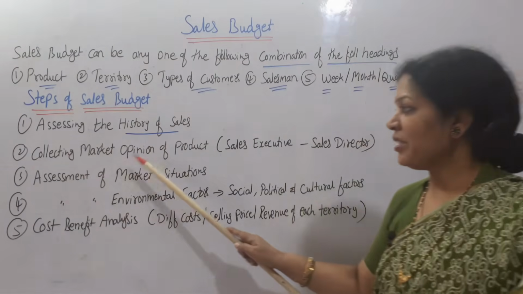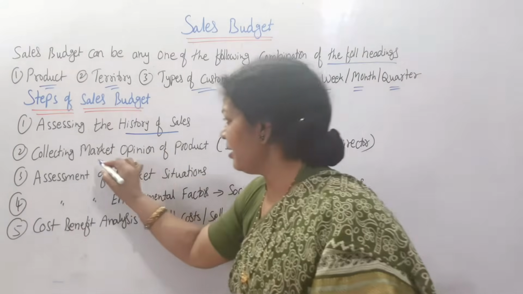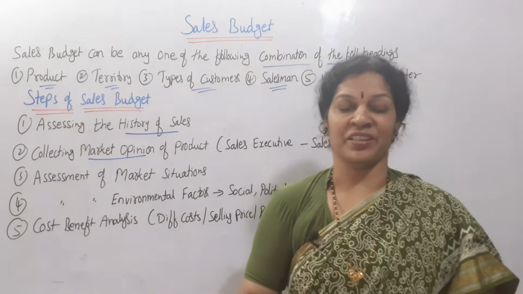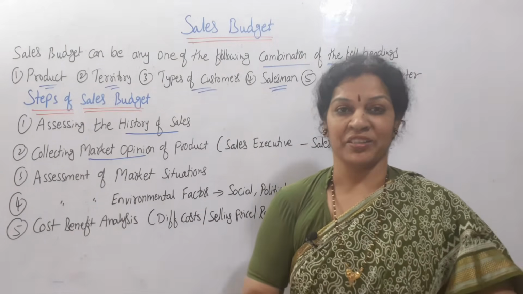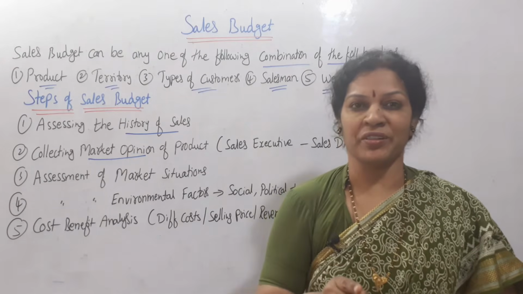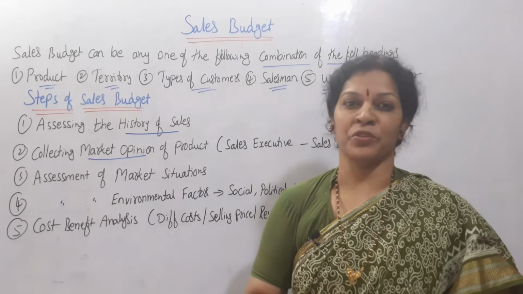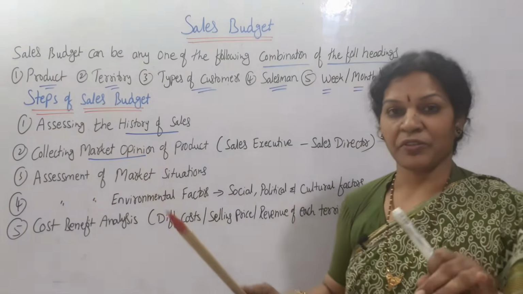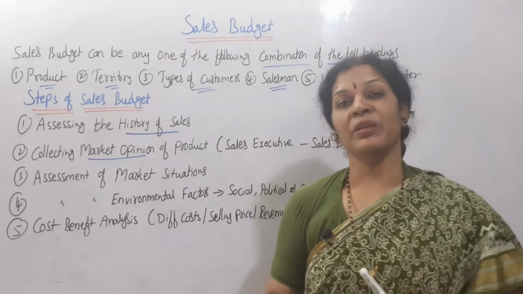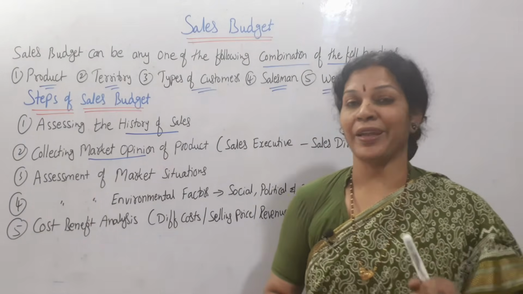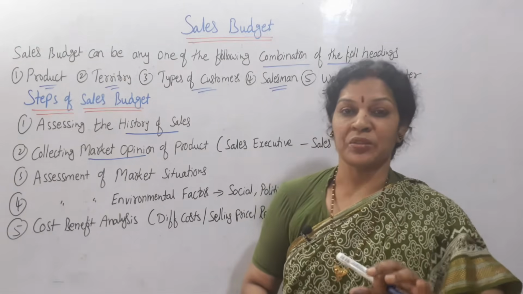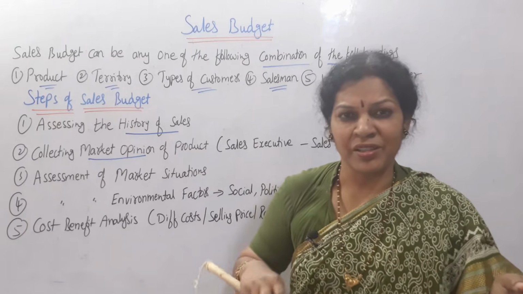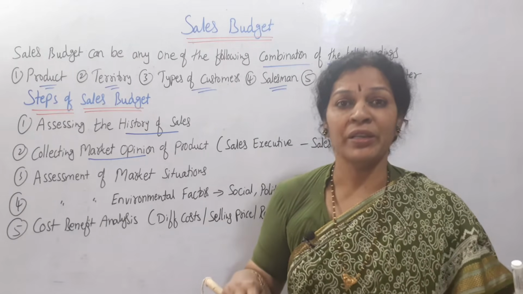Next is collecting market opinion of the product. Whose opinion? Mainly customers' opinion. Customers are the kings of any market. They are going to decide every product and the company's position. We also take the opinion of sales executives, people in the retail market, and distributors.